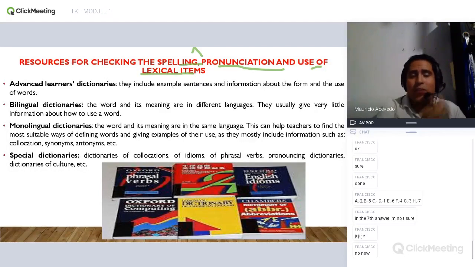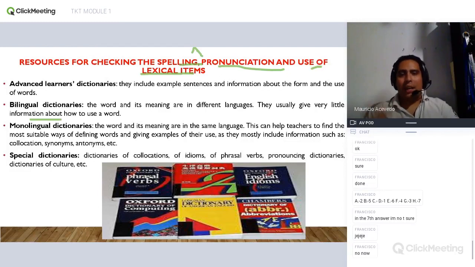One disadvantage of these bilingual dictionaries, Francisco, is that they don't give much information about the word. You know that many words can be used in different contexts. Do you remember, homonyms? That's the problem, because they see the word bank, for example, and they say banco and that's it. But there is another bank, remember, that is the edge of a river.